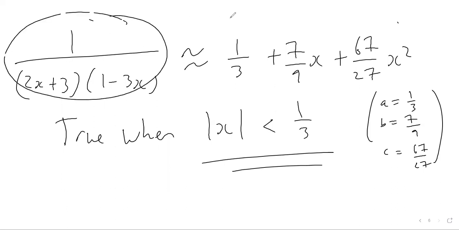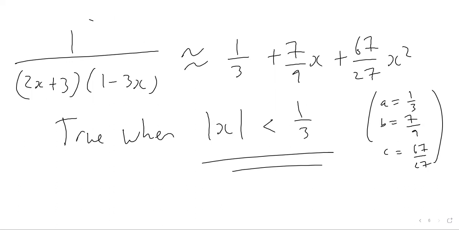You can use these approximations to make life a little bit easier, but the key thing is that this approximation is only going to be true in a certain region of validity, and in this case it's when the modulus of x is less than a third. So that's an example of how we can use binomial expansion to approximate partial fractions.